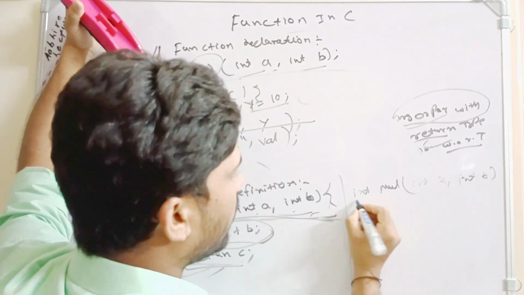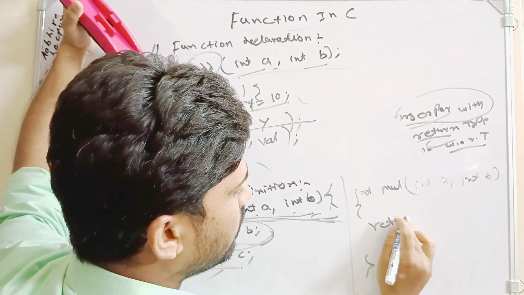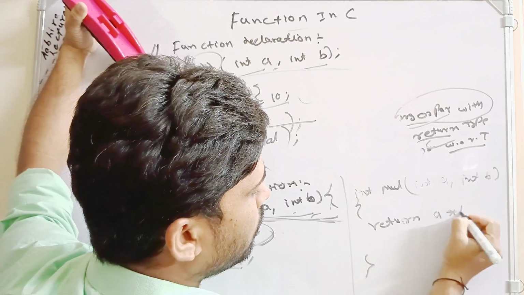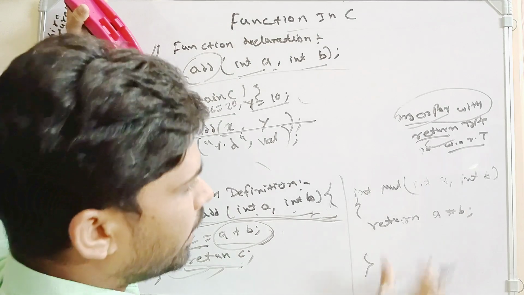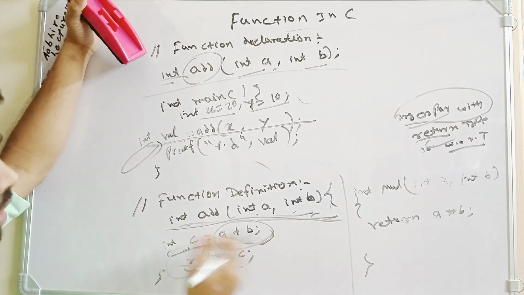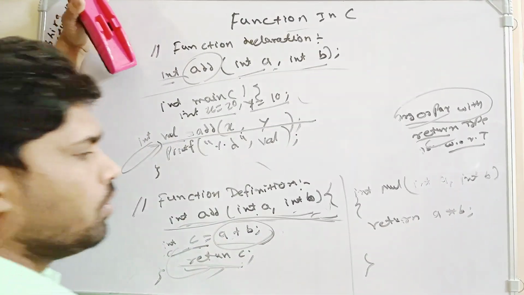Return a into b. Here we directly return a into b, instead of creating a variable, storing, then returning c.